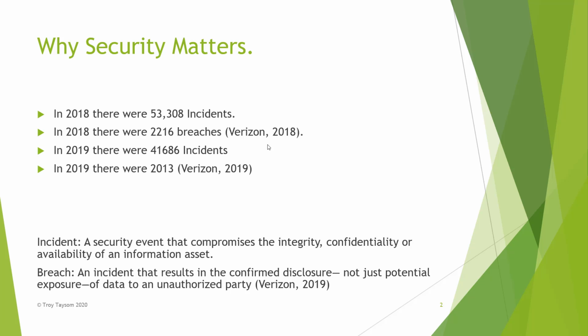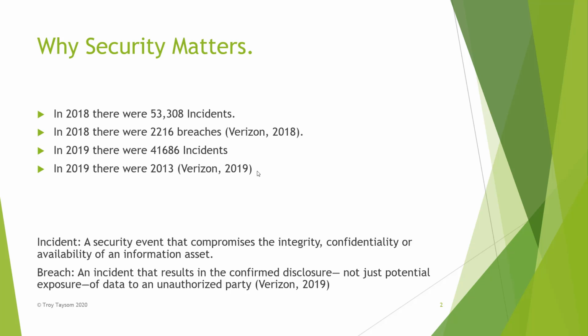Verizon puts out a report annually, and they go through in detail all of the incidents that have happened. It's a really good resource. I use it all the time. I used it all the time in my master's program, and I continue to use it.